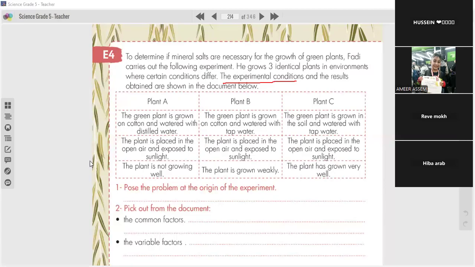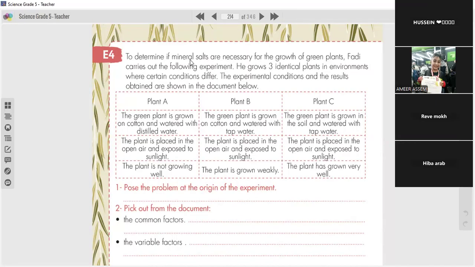You have to understand the table very well. Then you go to solve the questions. If you go and solve the questions directly, of course you will do them wrong. I'm sure of that. So that's why we have to read the text. If you didn't understand it the first time, you have to repeat it to determine if the mineral salts are necessary for the growth of green plants.